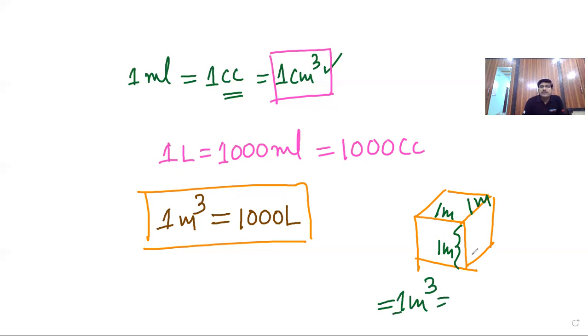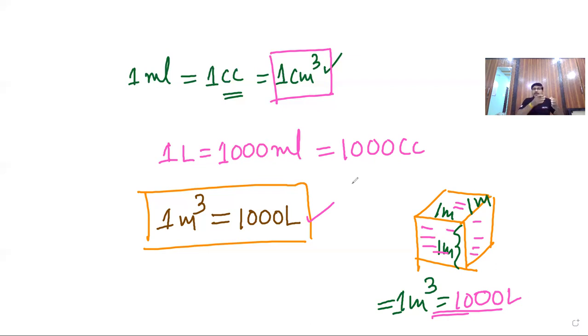In this, what is the total quantity occupied? The total quantity occupied in this is 1000 liters. That is the meaning of 1 meter by 1 meter by 1 meter.